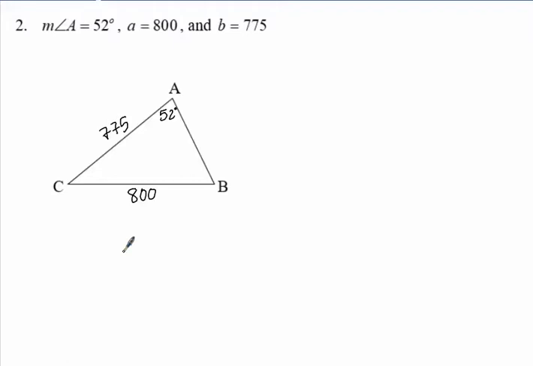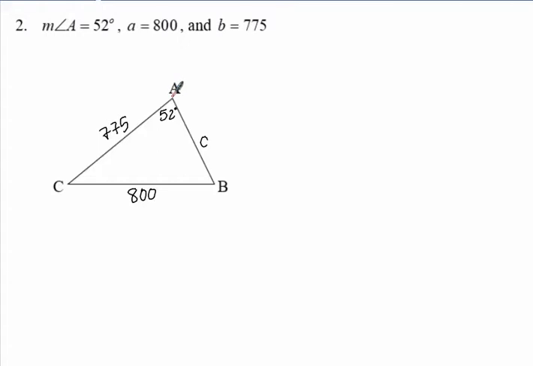As you can see, we are given an angle, its opposite side, and one of the other sides. So we're going to have to double check our work at the end. I'm going to label this side c. And I'm first going to solve for angle B.